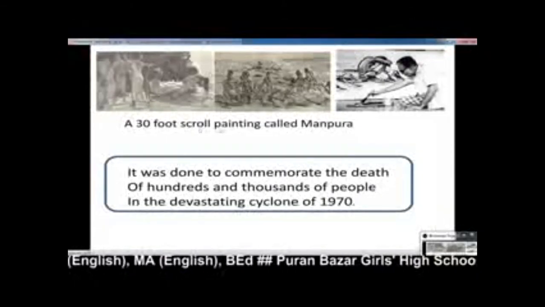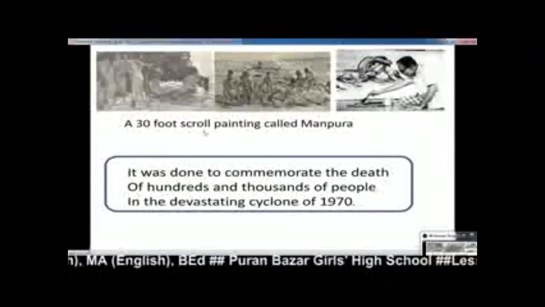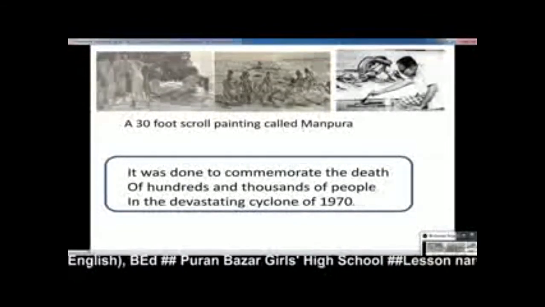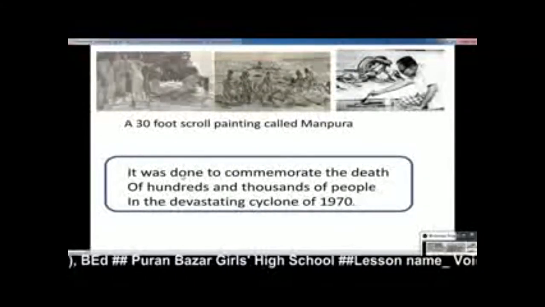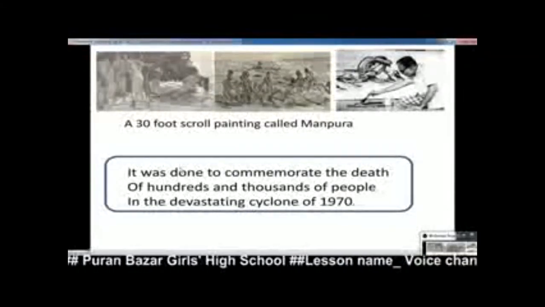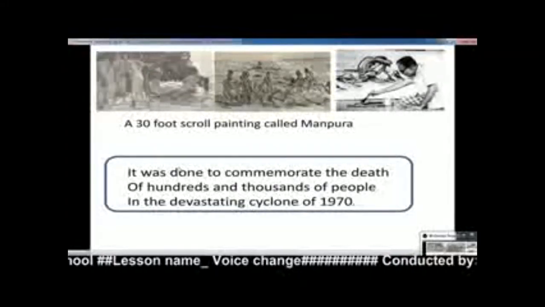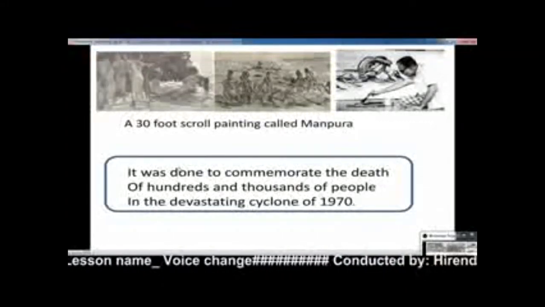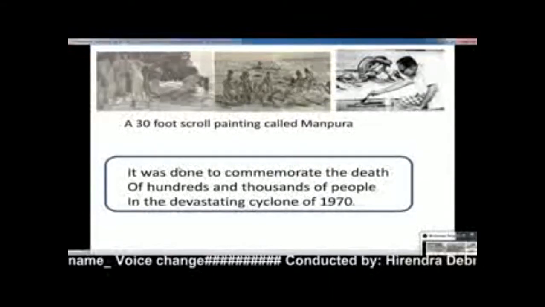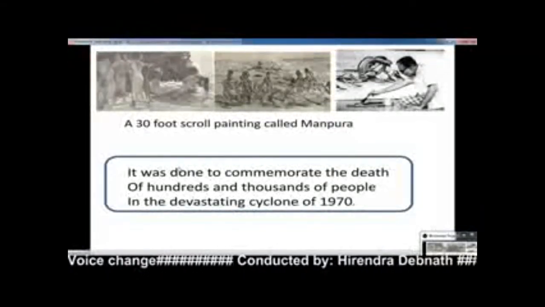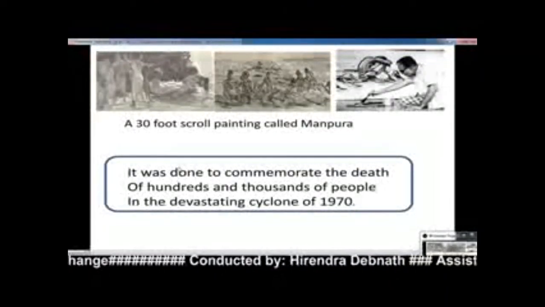A 30-foot scroll painting called Manpura. He also arranged a 30-foot scroll painting called Manpura. It was done to commemorate the death of hundreds and thousands of people in the devastating cyclone of 1970.